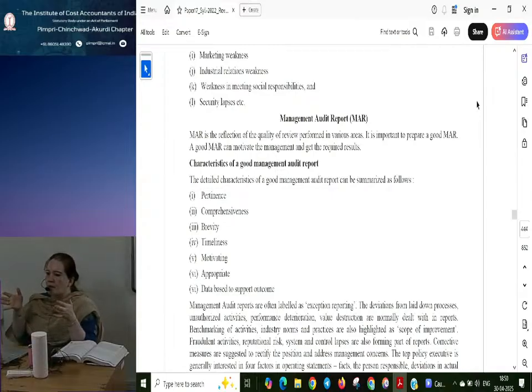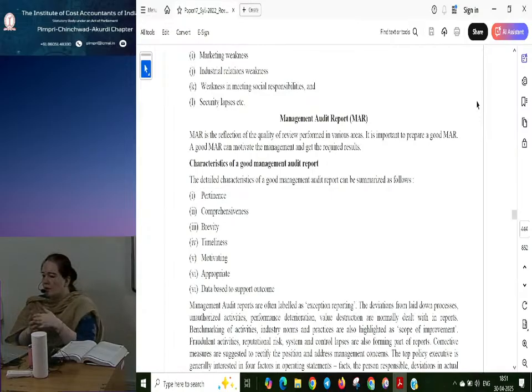So the format is not fixed, but to some extent it needs to adhere to certain characteristics which will make the management audit report an informative one, and it will solve the purpose for which it has been created.